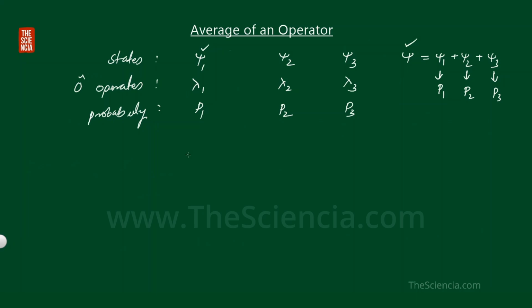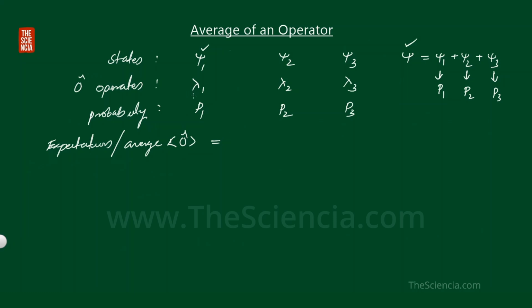Now we have to find the expectation value. That is nothing but the average value. We already discussed the expectation value of an operator. Then what will be the expectation value or average value of this operator?